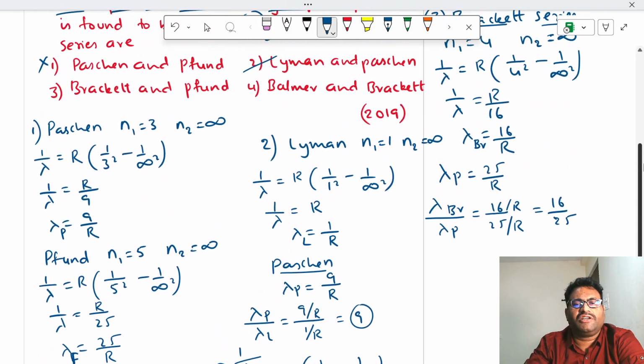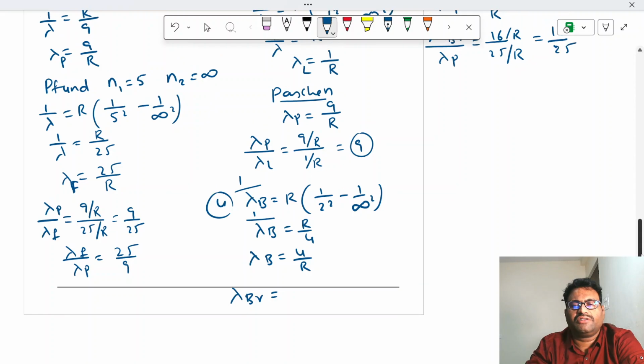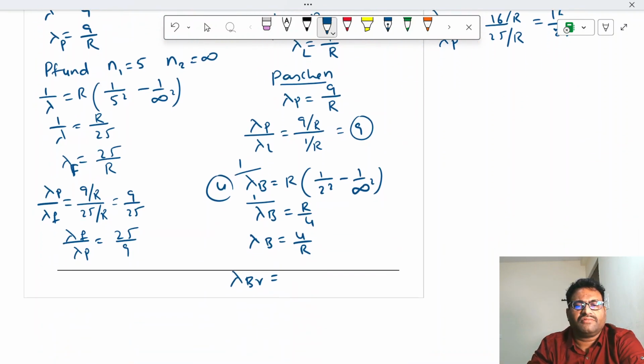Next is the Brackett series. Already we have studied the Brackett series. How much? Lambda Brackett is equal to 16 by R. So whether you divide 4 by R by 16 by R or 16 by R by 4 by R, you don't get 9.